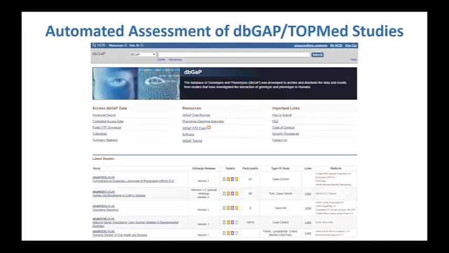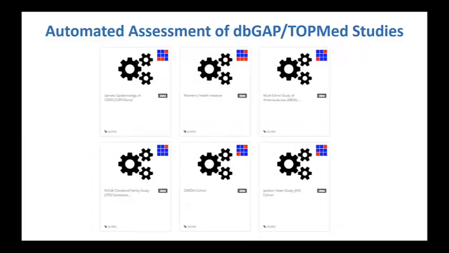So very rapidly, now that we have this ability to do automated assessment, we could write a script that scrapes several of those FAIR compliant metadata elements that we are looking for, and we were able to give a score to each study based on the elements that are present or missing from all of the studies in dbGaP, including the TOPMed studies. And just this morning, this was added to the FAIRshake repository.